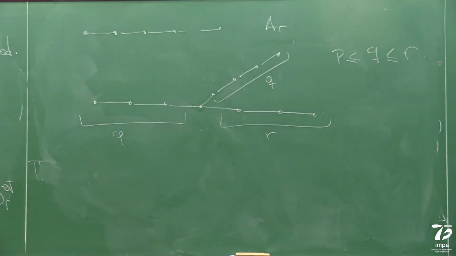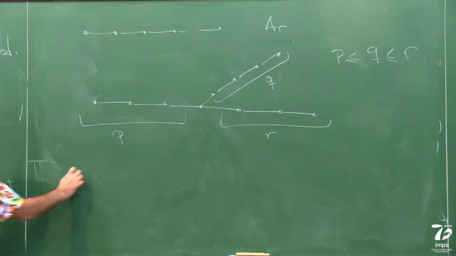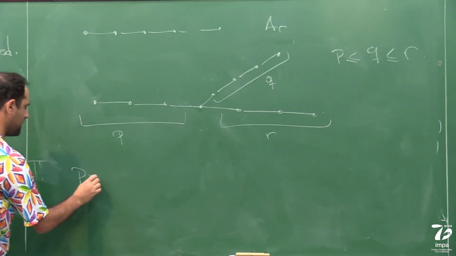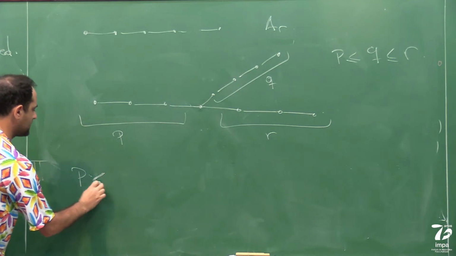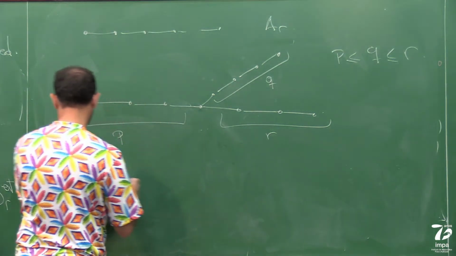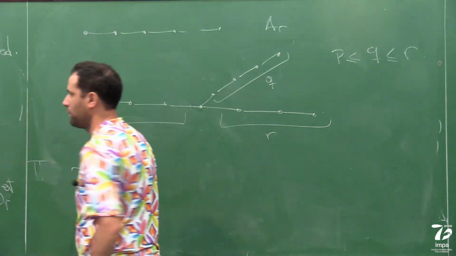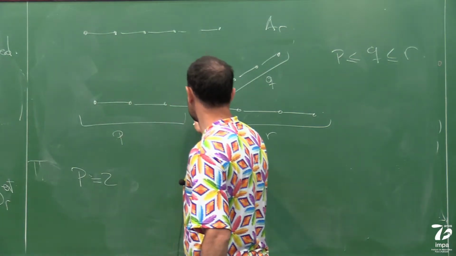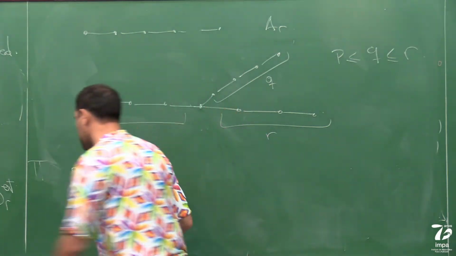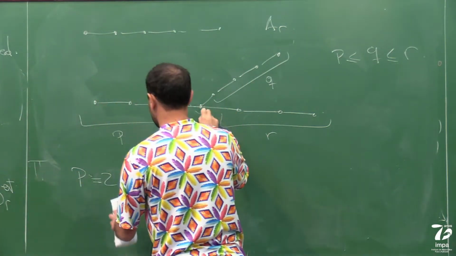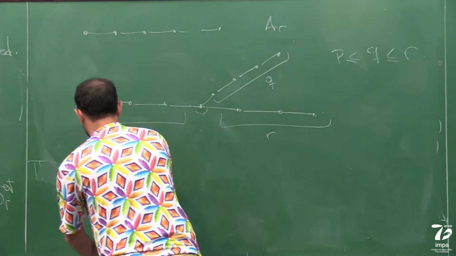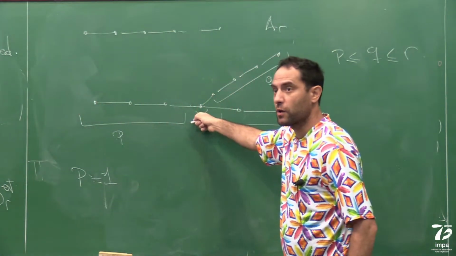So now, the first observation is that P has to be equal to 1. The way I'm defining it, I'm not counting the bifurcation node.